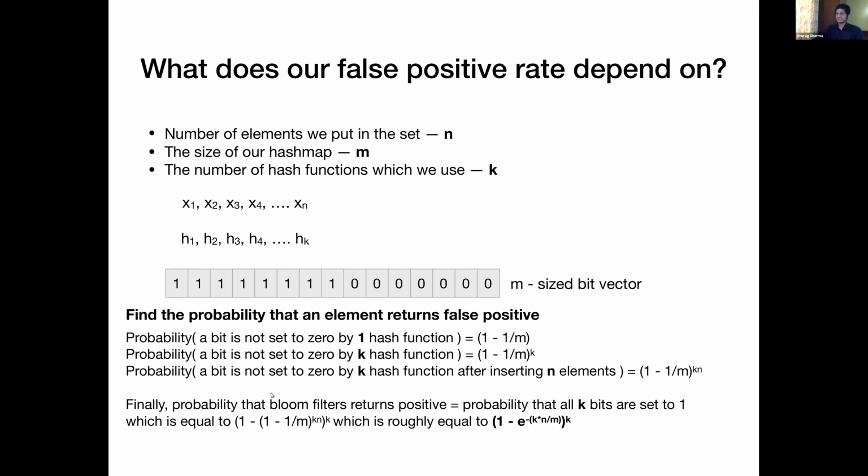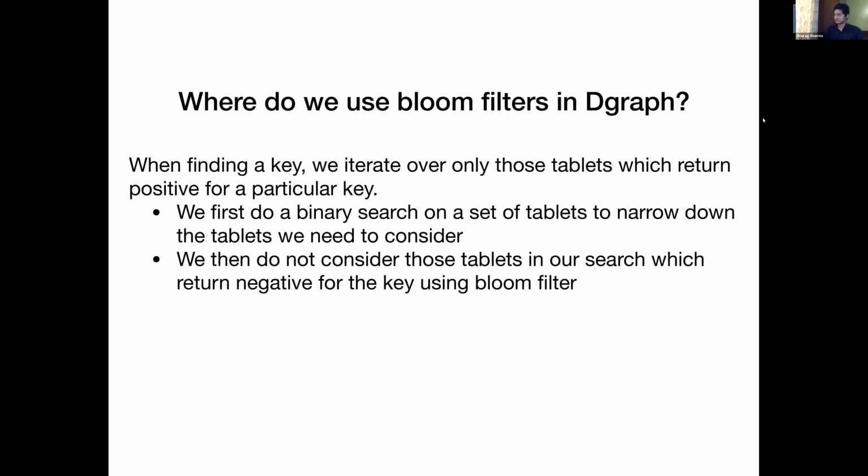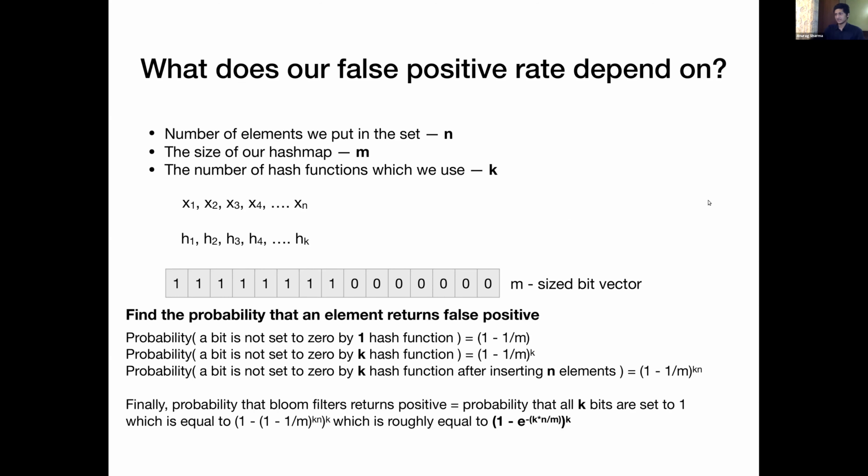Now, finally, the probability that the Bloom filter returns positive is equal to the probability that all k bits are set to 1, which is equal to 1 minus this thing.